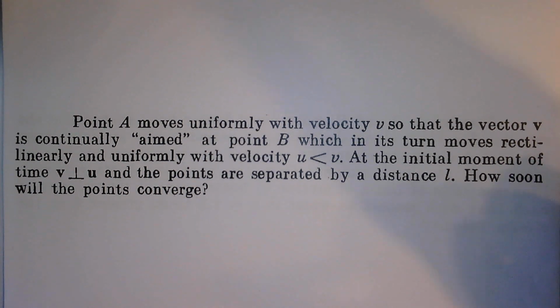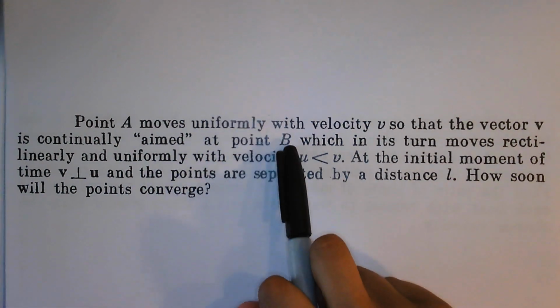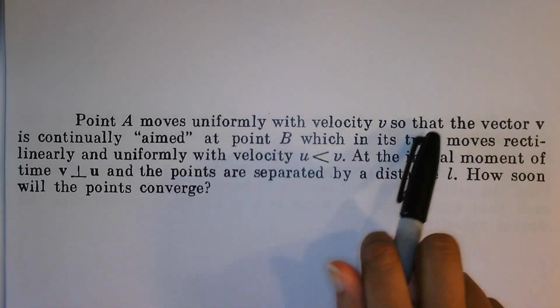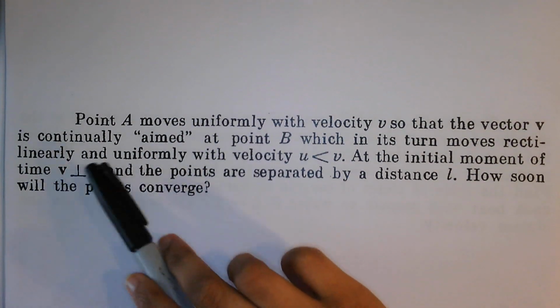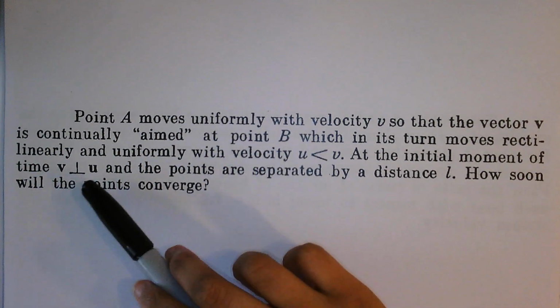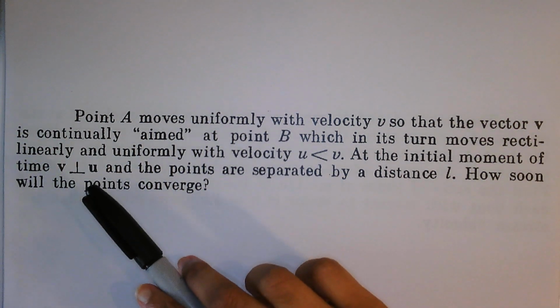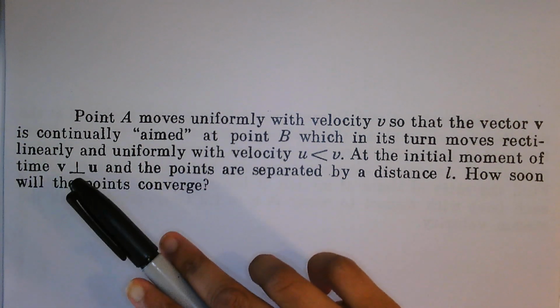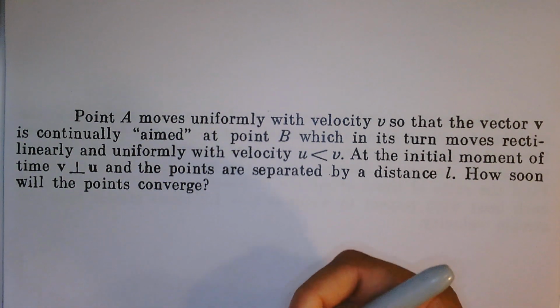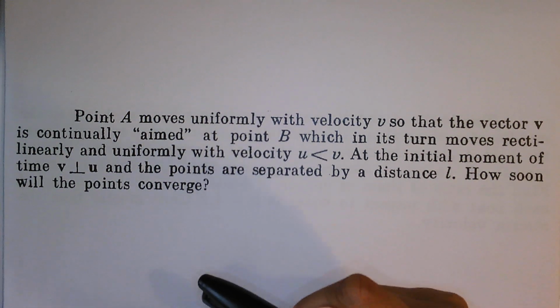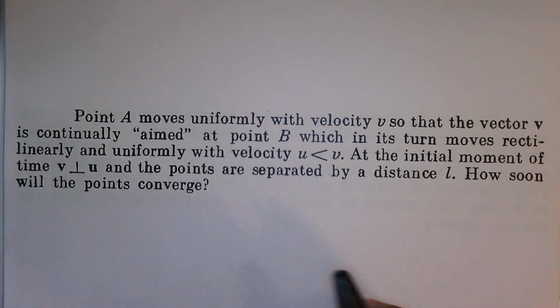And because it says that point B moves rectilinearly and uniformly with velocity u, that means point B is moving in a straight line, so we could reduce this whole problem to something that's happening in a 2D plane. So that's all we need.